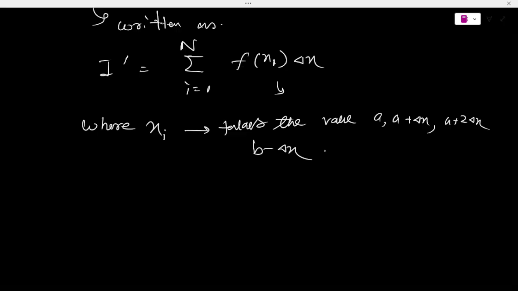Clear? So this area differs slightly from the area of PABQ.